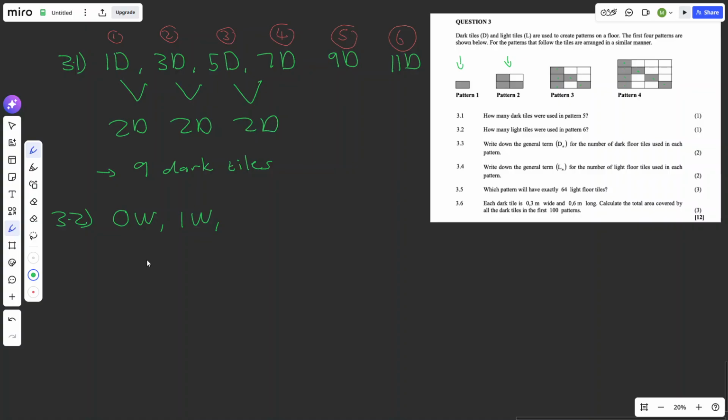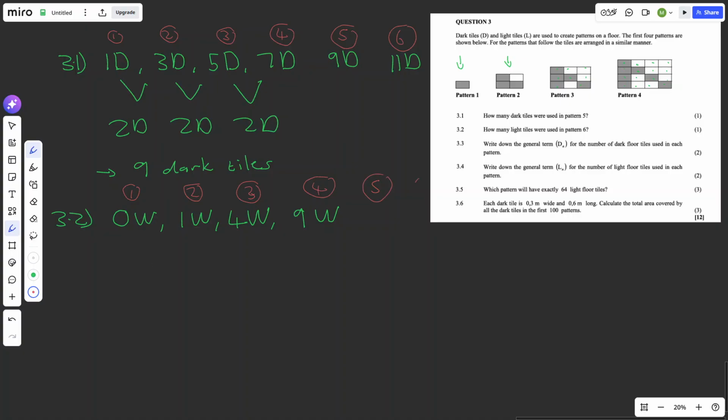In the third one, we've got 1, 2, 3, 4. Actually, 4. And then the next one, we've got 1, 2, 3, 4, 5, 6, 7, 8, 9. 9 white tiles. This is the first term, the second pattern, third pattern, fourth. And for this example, we want to find the sixth.